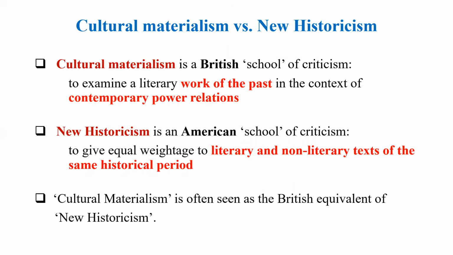Cultural materialism, British. New historicism, American. Fine. In new historicism, they give equal weightage to literary and non-literary texts of the same period. But in cultural materialism, the literary text is the past one, and you have to go for its present context, its relevance in the contemporary world. So that is a major difference between new historicism and cultural materialism. For instance, what is the relevance of Shakespeare today?